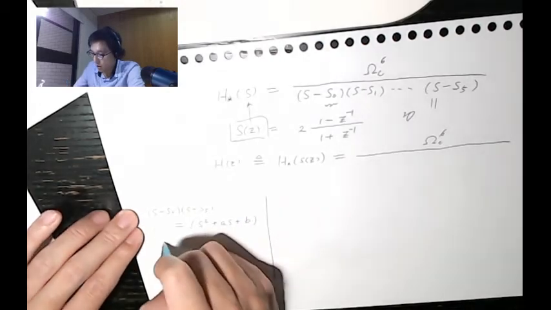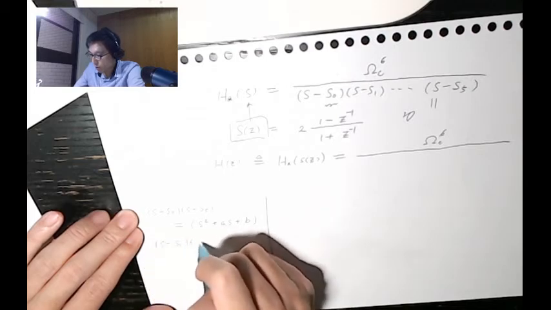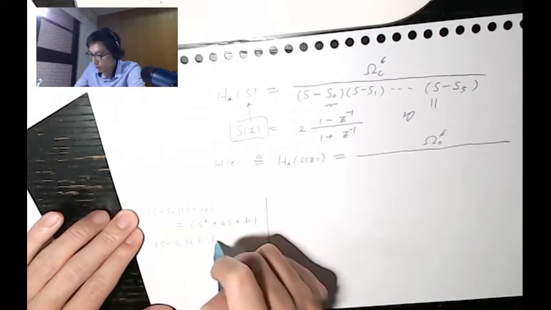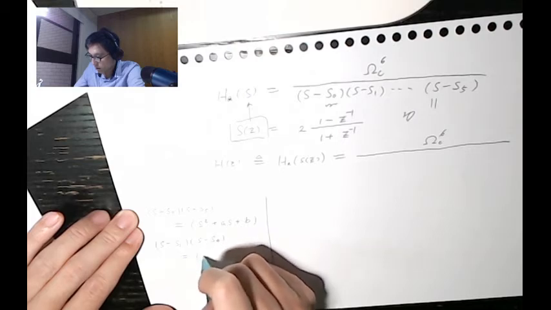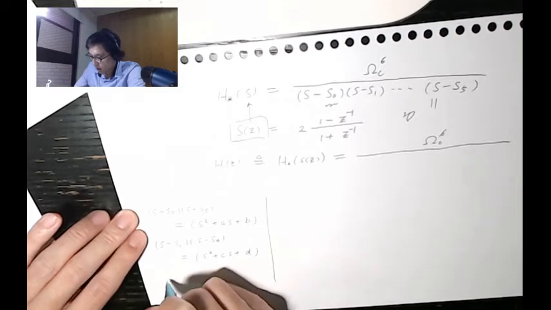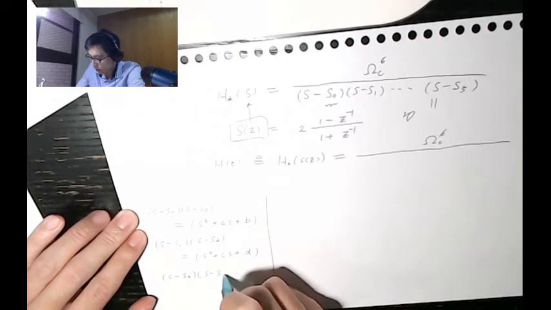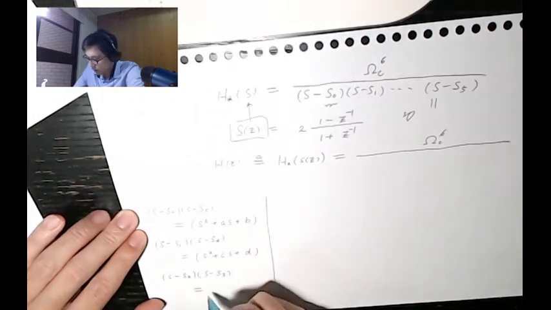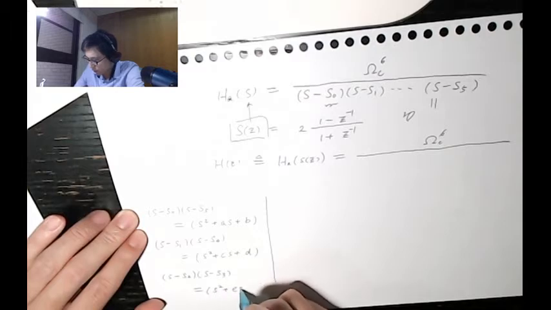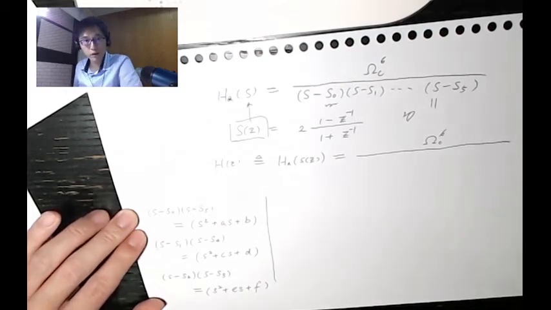Similarly, pairing s1 with s4, we get s squared plus cs plus d. And s minus s2 paired with s3 gives s squared plus es plus f. I personally find this easier to work through manually to derive the answer. So there are 6 coefficients, and I'm pretty sure you can figure that out.